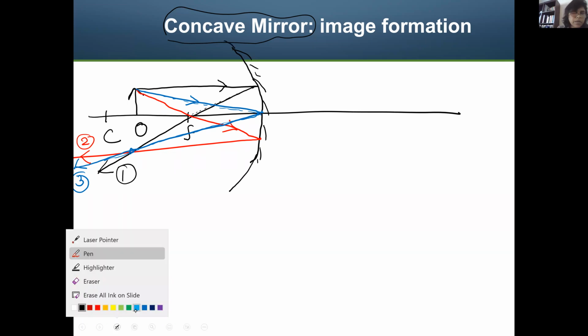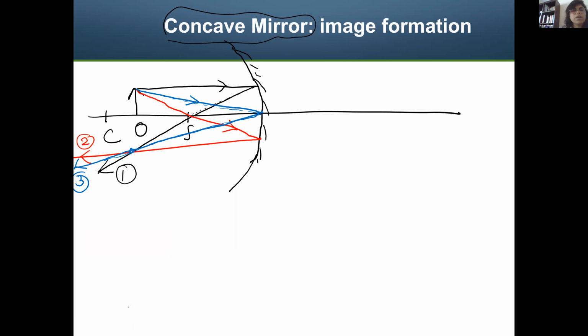Now next one, you send through the center. I know that it is not easy to do in my case. I will not do that here because it will not go through the point that I need. Okay, because of that, I will leave that as it is. So there is the fourth ray.